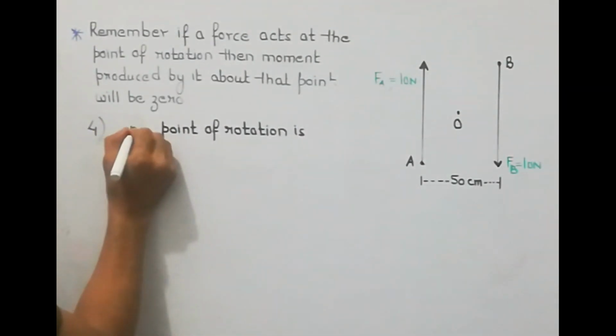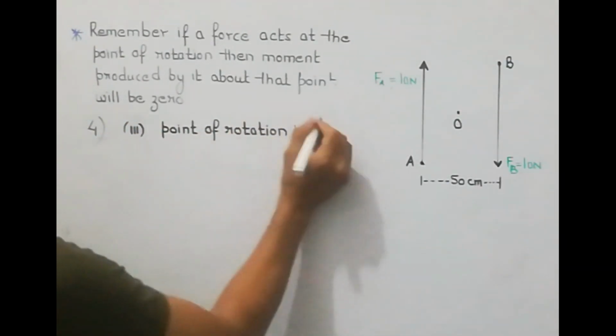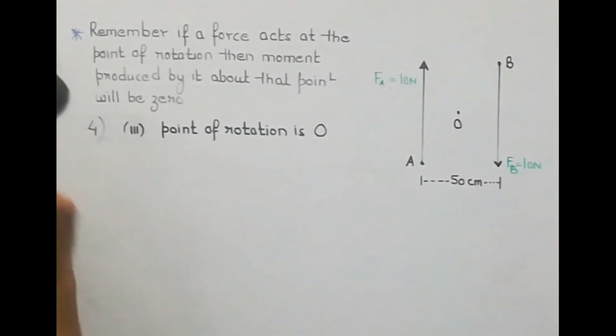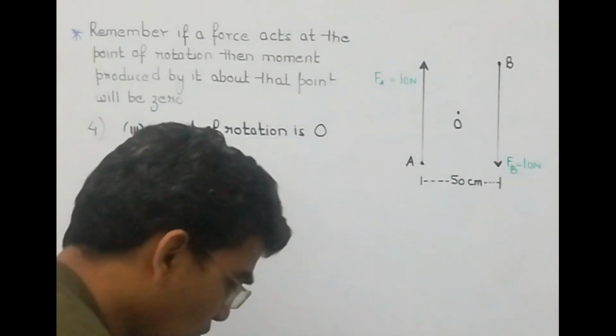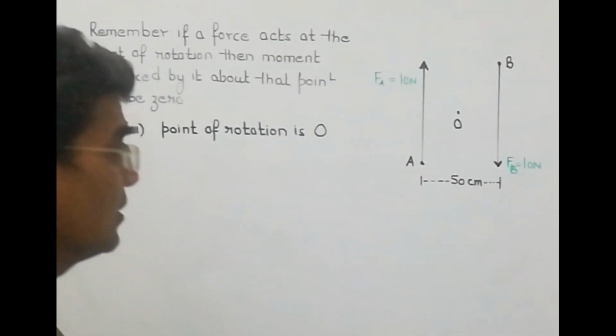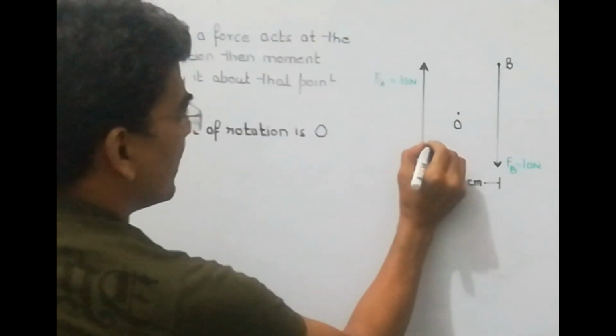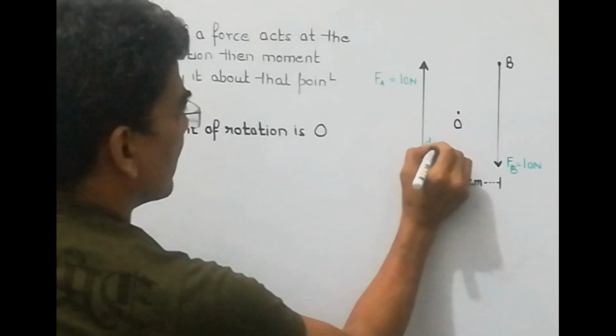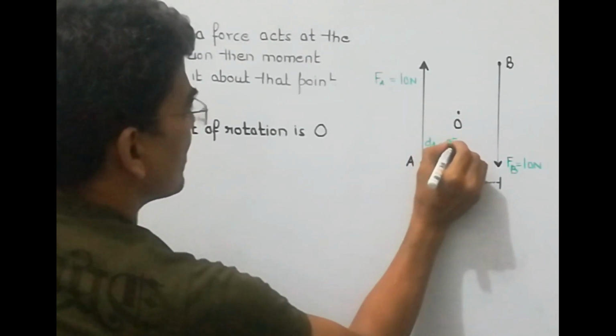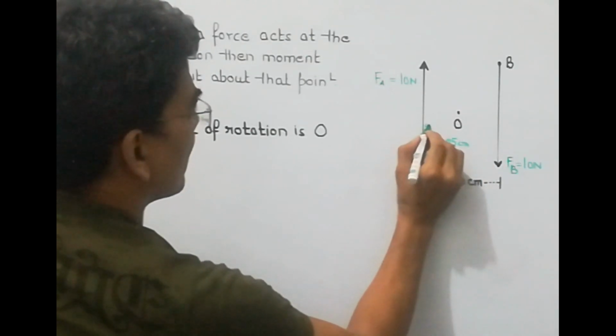In the third part, point of rotation is O. Now, if point of rotation is O, and we know that O is the midpoint, so here dA will be 25 centimeter.